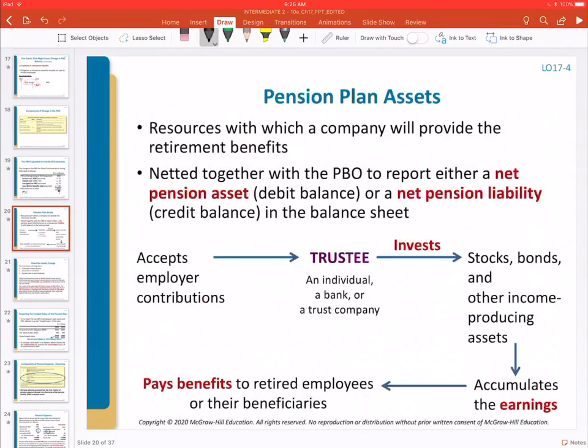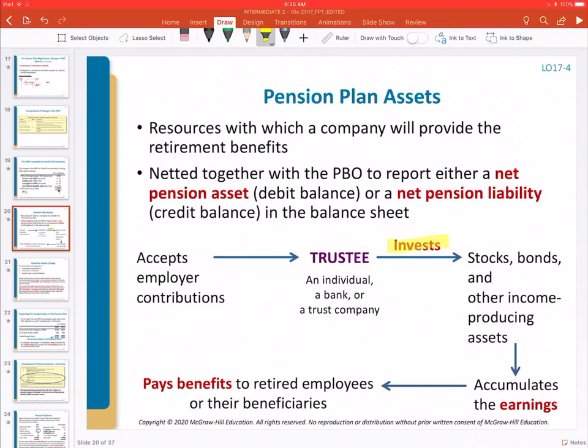So essentially what we've been saying is that plan assets are going to be a fund where the company is required to filter cash into that fund. But the idea is that that cash is not, again, I make the joke, we're not shoving that cash under a mattress. You can see what we're doing with that cash is that we're investing it, right?